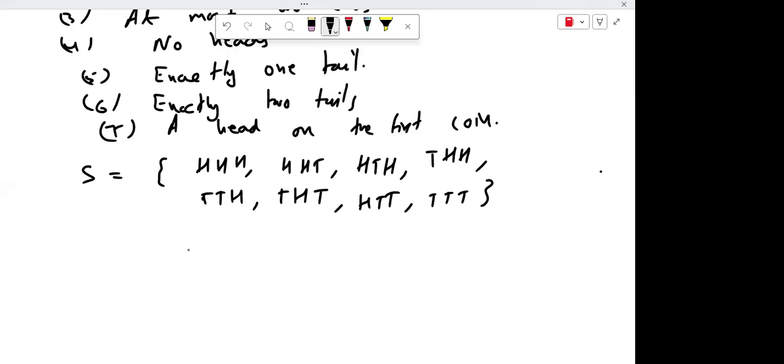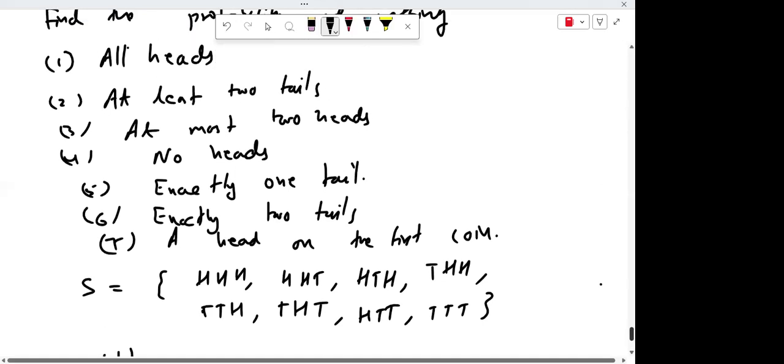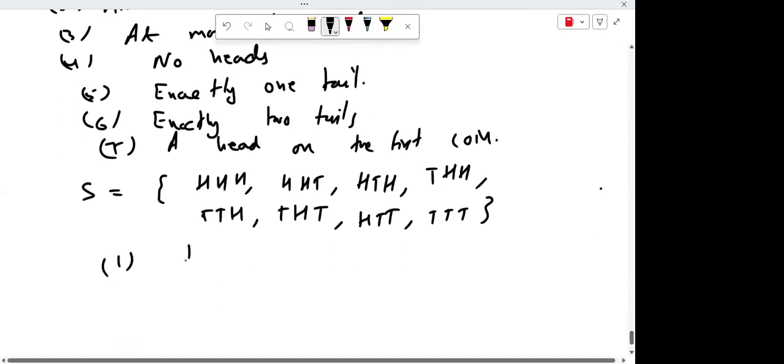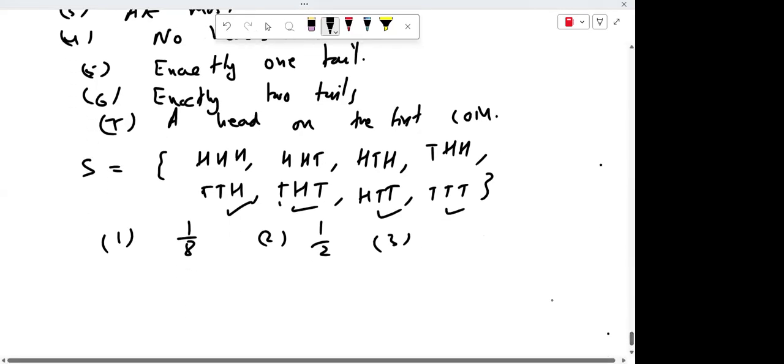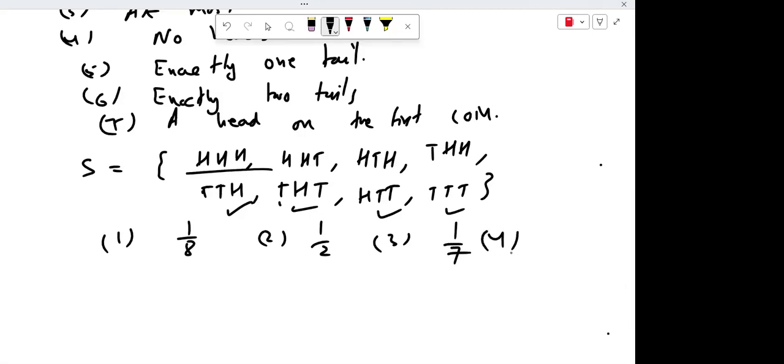So the first problem, probability of all heads, is 1 by 8. Probability of at least two tails is 1 by 2. At least means it can be three also, right? So 1, 2, 3, 4, so 1 by 2. Very good. Third, probability of at most two heads is 7 by 8. Except this, everything is fine, right? Fourth one, probability of no heads is 1 by 8.